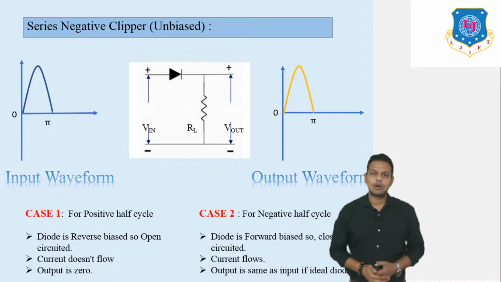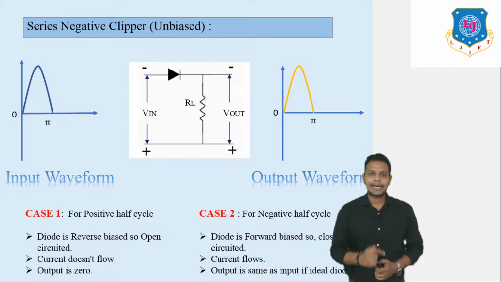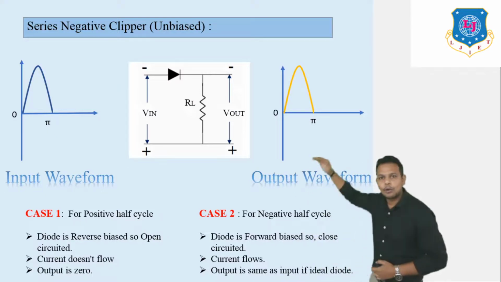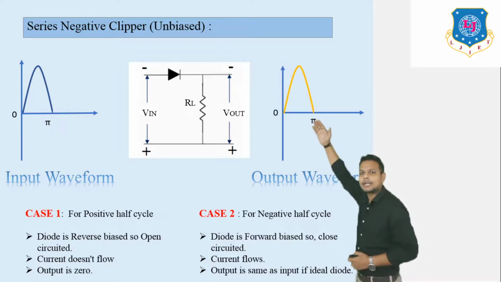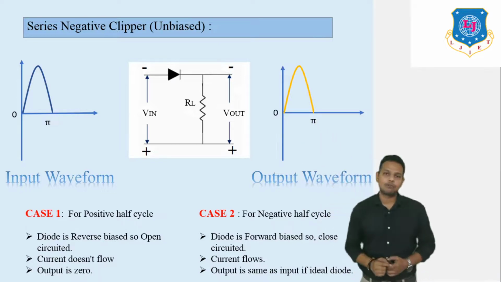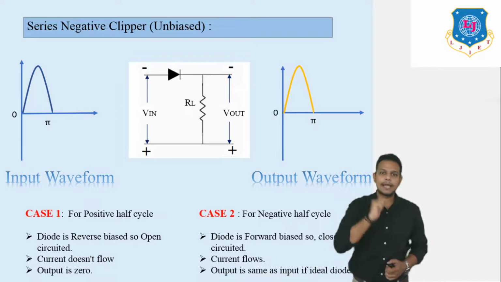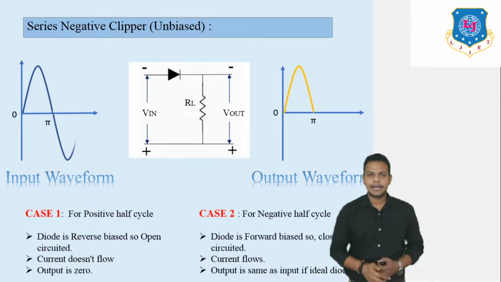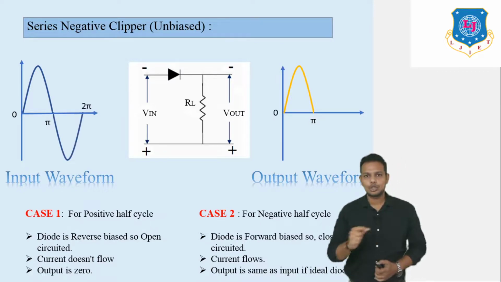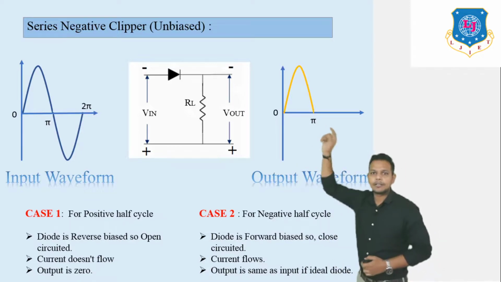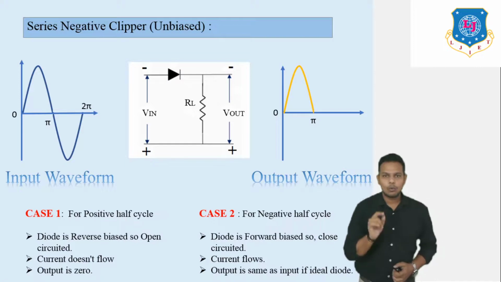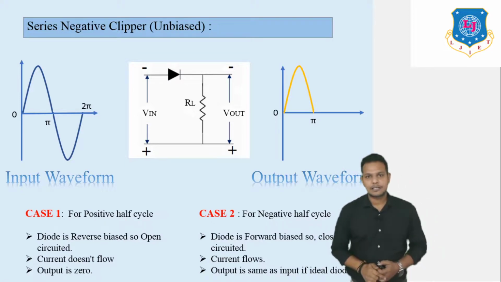Now let us discuss the negative half cycle. If we apply the negative half cycle, that means your polarity is changed. Here it is positive, and above is negative. So current is always flowing from positive to negative. So for the negative half cycle, pi to 2 pi, if current is flowing from positive to negative, that means your diode works in reverse bias.